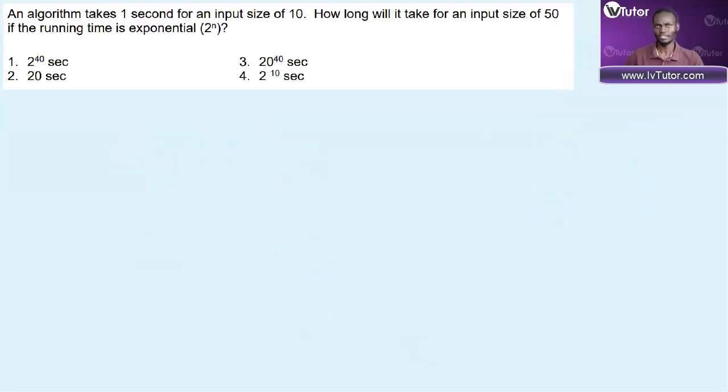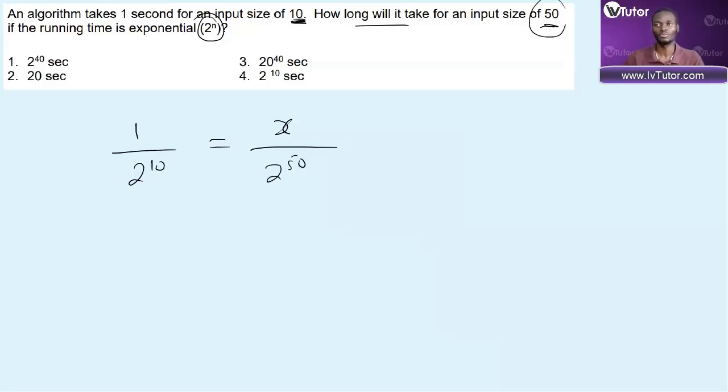An algorithm takes a second for an input size of 10. How long? Again, we are still looking for time, and our big O is 2 to the power n. Again, replace n with the actual size, which means you are saying 1 over 2 to the power 10, because that's your thing, equals your time. You can also use x. Whatever you find comfortable, which is your time is equal to x over 2 to the power 50, because that is your input size.